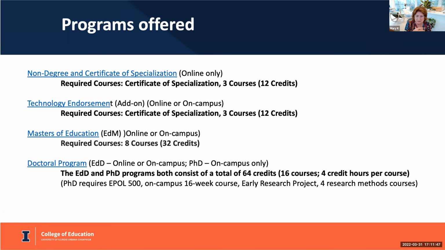We offer master's programs, both online and on campus, and the requirements are there. And we offer a doctoral program in 2 formats. One is an EDD, which is a practice-based doctorate, which is entirely online and scaffolded in the way that I described before. And we also offer an on-campus PhD, of course, which requires you to be on campus.